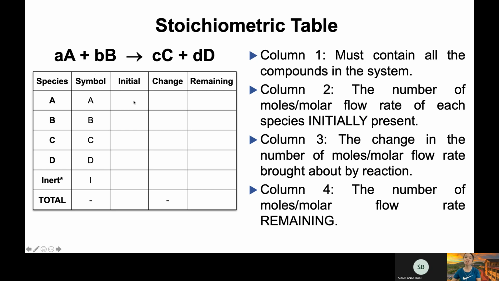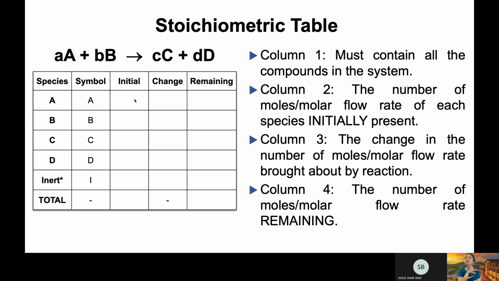Third column, initial amount. So mass balance kan in dan out, right? So initial is to refer to the in. So kalau batch, it will be initial moles lah, molar. Kalau flow, initial molar flow rate. So you will know the initial moles of A, initial moles of B, initial moles of C, initial moles of D, inert, then total initial mole.